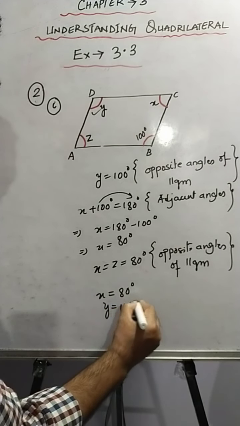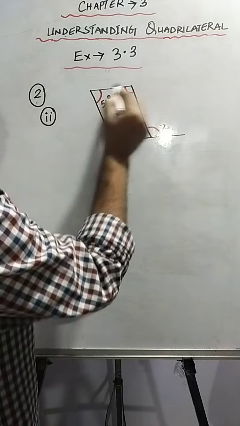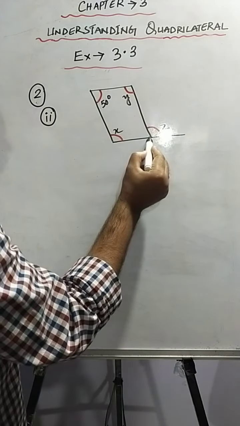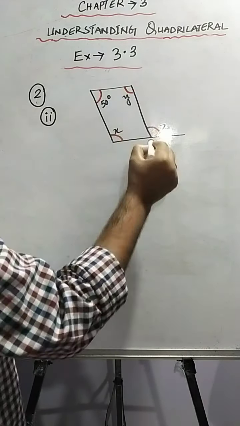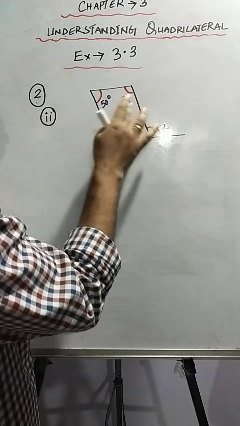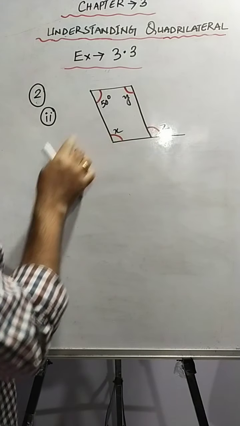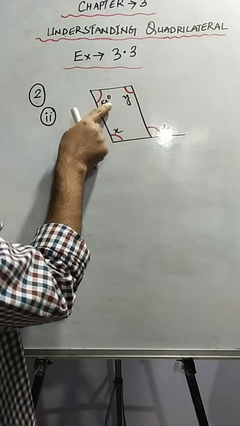We see that this is a parallelogram. In a parallelogram, the opposite sides are parallel and equal. So these two sides are equal and parallel, and these two sides are also parallel and equal. Now we have to find the values of the three variables given, that is x, y and z. See what the relation is between 50 degrees and y. They are adjacent to each other. Similarly 50 degrees and x are also adjacent.